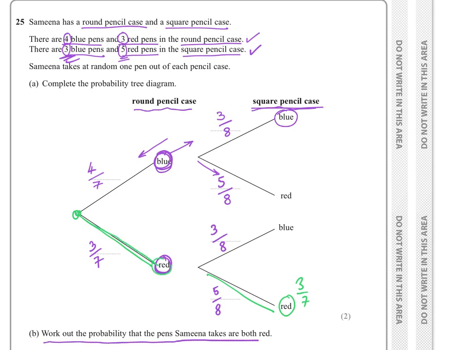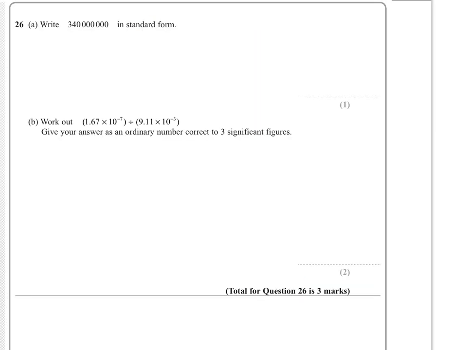That's the probability of getting to here, i.e. choosing red from the round pencil case, and then 5/8 of this probability here of choosing red from the round pencil case and then a red from the square pencil case. Okay, so that's 15 out of 56. And don't forget, you can use your calculator if that speeds things up a bit.